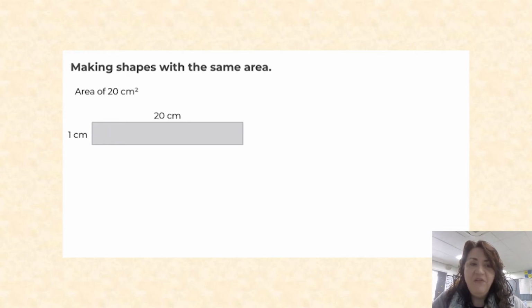So I would like you to have a go at drawing rectangles that have an area of 20 centimetres squared. Use those factors on that bug to help you. And here I've given you one example. I'd like you to see if you can think of any more. Use those factors and their pairs. That's really important.